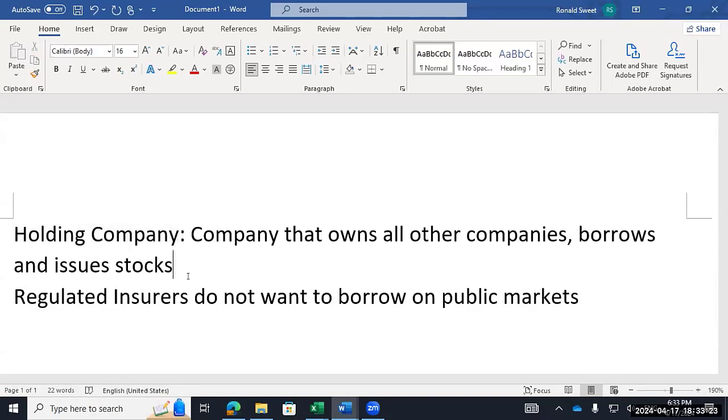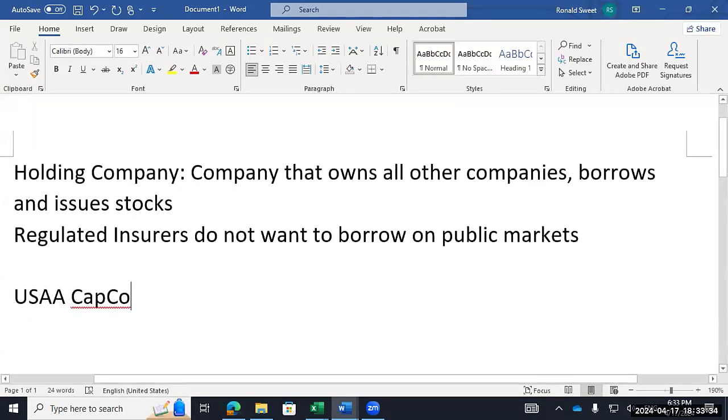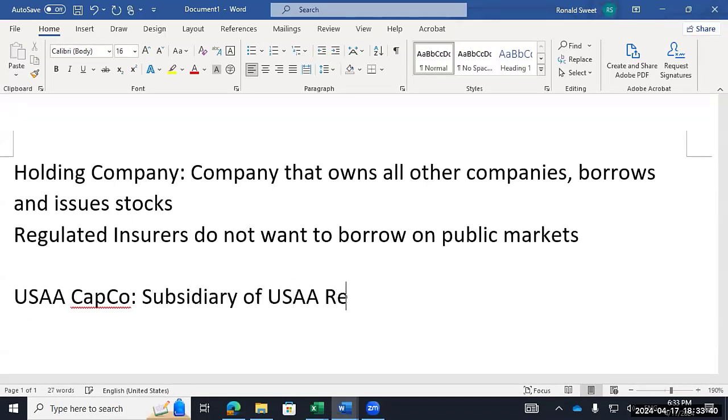For USAA, you have USAA, the reciprocal. It owns something called USAA Capco, which is a subsidiary of USAA Reciprocal, the big company. So USAA's holding company is a subsidiary, so it's unusual that they have to do that.